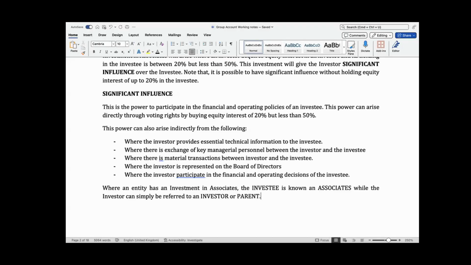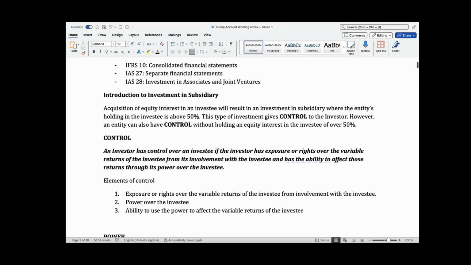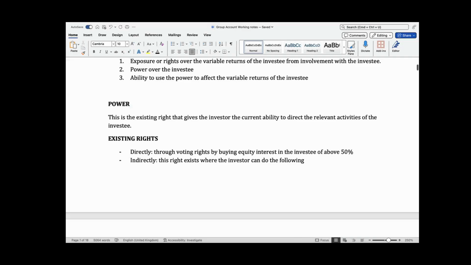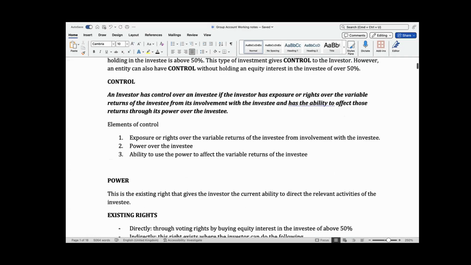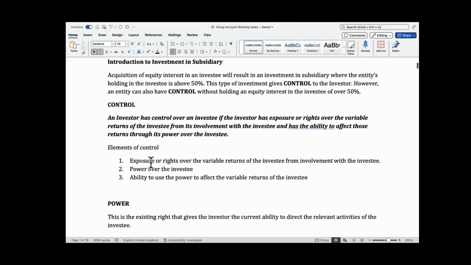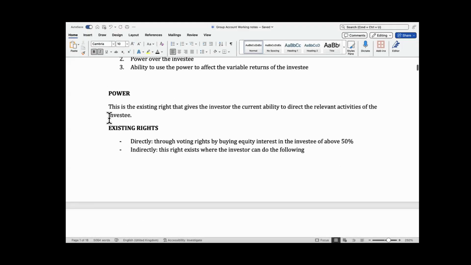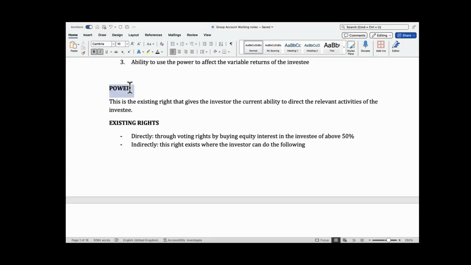The only thing I just want to have comfort that you have learned so far is control and significant influence, because that's the most important thing I've mentioned under this investment in subsidiary and investment in associate. Then later you can learn all these definitions and all that. Another very important thing I've mentioned here today is that what gives control is this power. And what brings up this power are these rights.